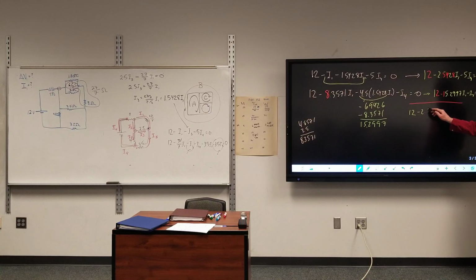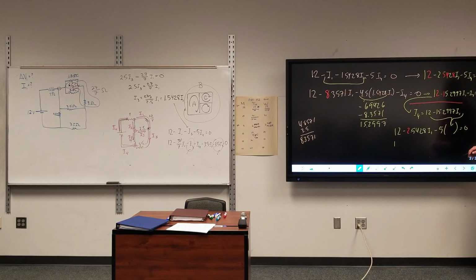Actually, let's do it this way. We're going to take the second equation here, I4 equals 12 minus 15.2997 I1. Plug that into the first equation, I get 12 minus 2.5428 I1, minus 5 times this, equals 0.